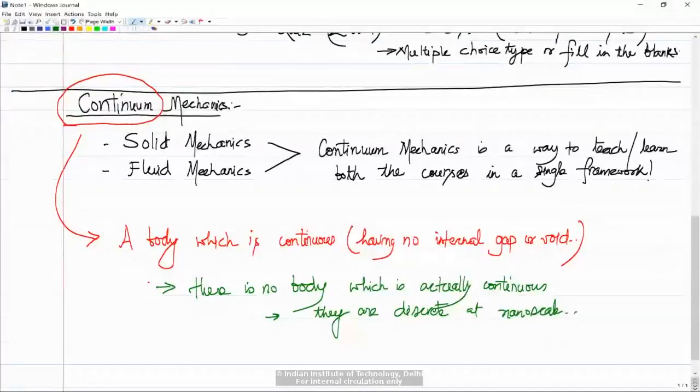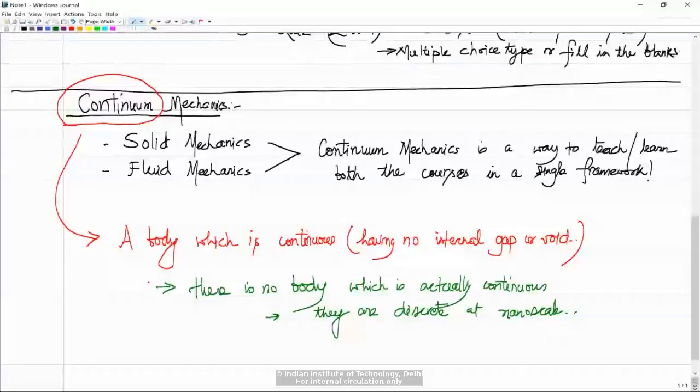But for practical purposes, when we see it with the naked eye, the things around us all look like a continuous body, and there's no random fluctuation that we observe. At nanoscale, they're all vibrating, there's a random motion. But at the continuum scale, the scale at which we are seeing something, those fluctuations of nanoscale are gone.